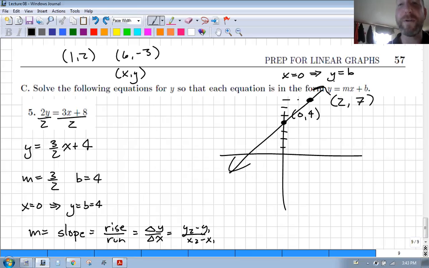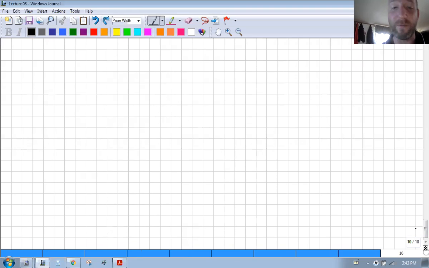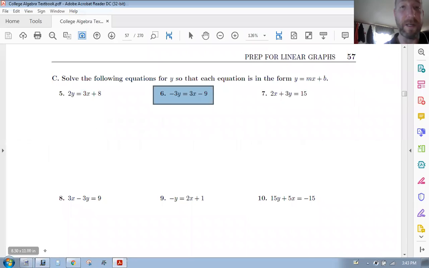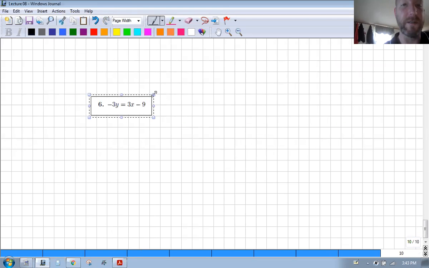So they call this slope-intercept form. Now this is just a glimpse as to why we're going to do this. We're going to get into this in more detail later, but for now, let's just practice getting stuff into y-intercept form, now that you have a hint of why we're doing it. I don't want to do 20 problems without knowing what the purpose is.